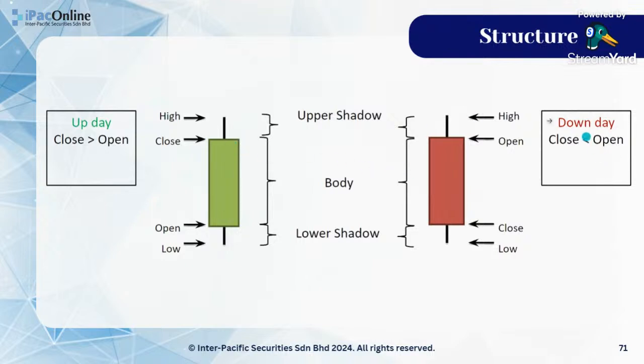As for the red candlestick, it is telling us that after it opened, the share price traveled lower and then closed below the opening price, and that is a red body candlestick. The tails or shadows just mark the high of the day, and the lower shadow marks the low of the day.